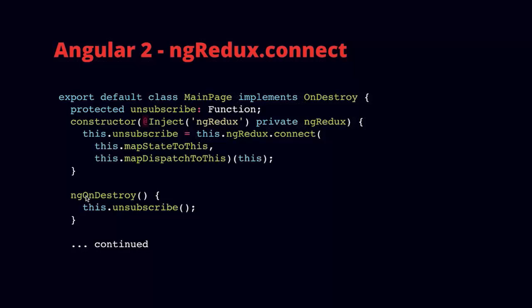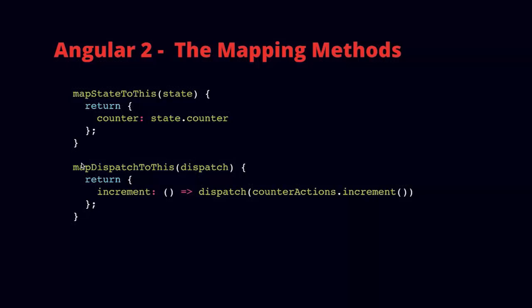And with the Angular 2 lifecycle, there is the ng on destroy. So unlike Angular 1, where we had to use scope, you don't have to worry about that with Angular 2. So let's take a quick look at the mapping methods. Just like in the Redux example, the map state to this takes in a piece of your application state and returns an object.